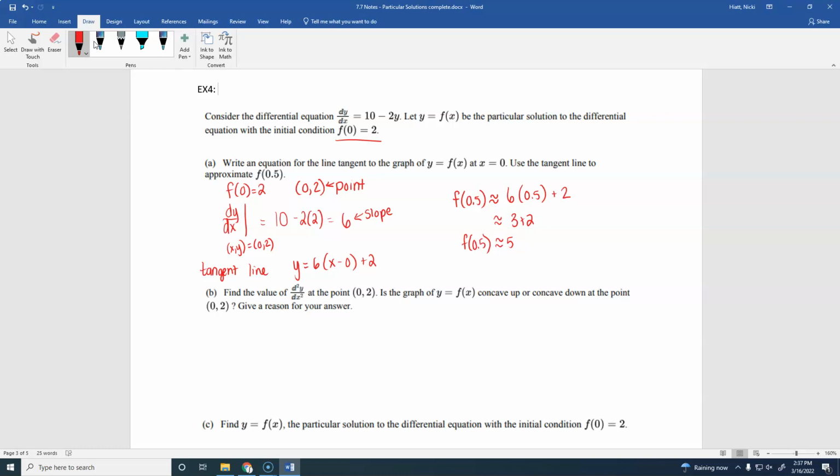So our first derivative is 10 minus 2y. You don't have to rewrite that if you don't want to. When you take the derivative of this, you'll get the second derivative equals, what's the derivative of 10 minus 2y? Almost. Negative 2 dy dx. Because that has a y, you have to put that dy dx there.